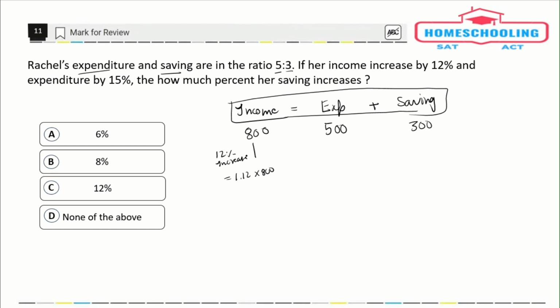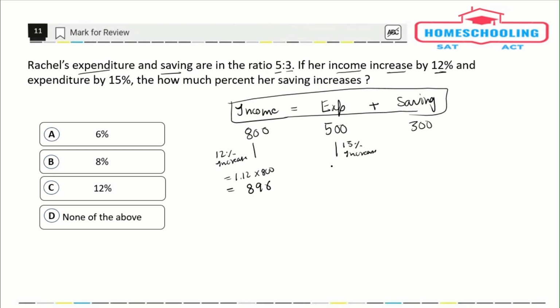1.12. So this is going to be 896. Now in the question, income is increased by 12% and expenditure is increased by how much? Expenditure is increased by 15%. So 15% increase.